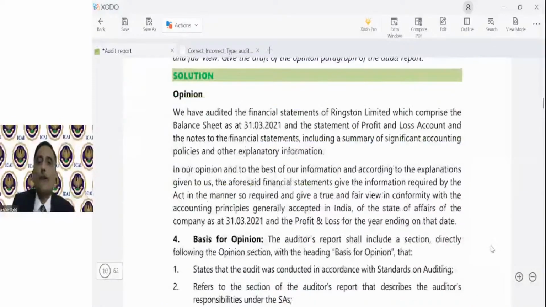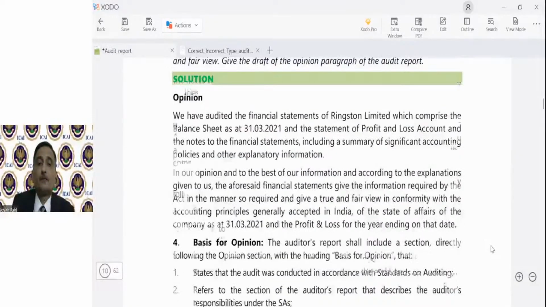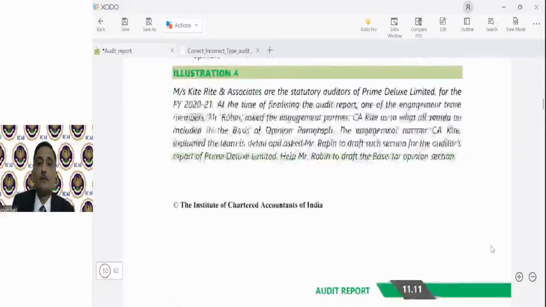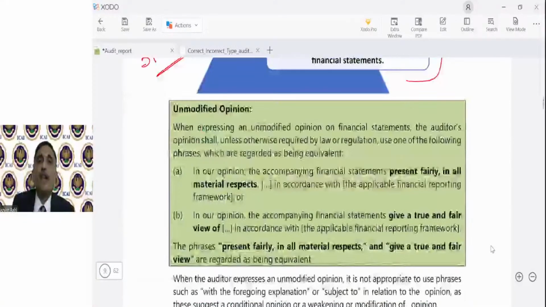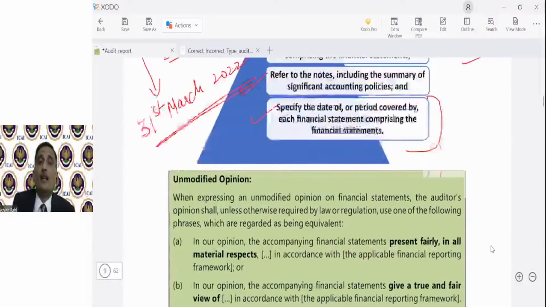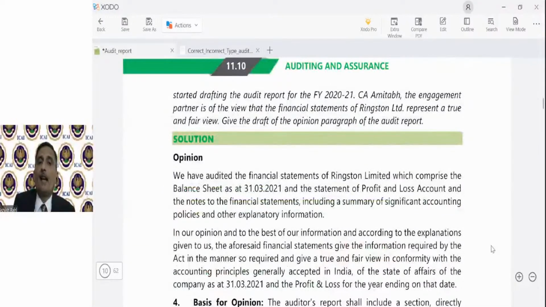So he will write it in this way. So I'll show you how he will write. You read this para. We have audited, so the auditor is giving his opinion.